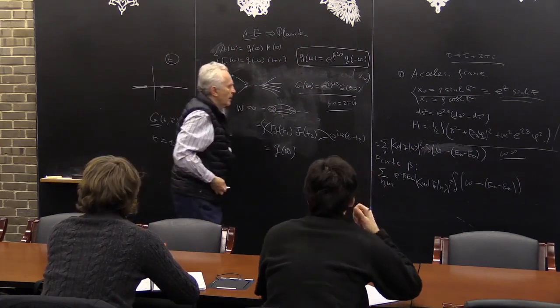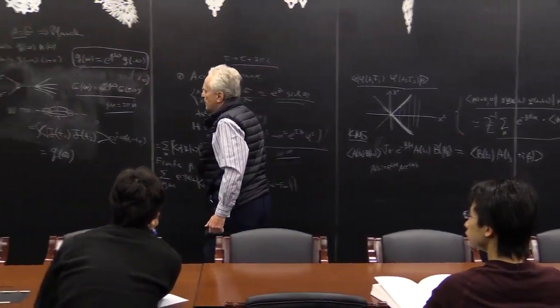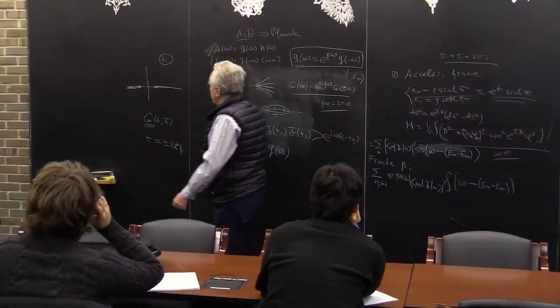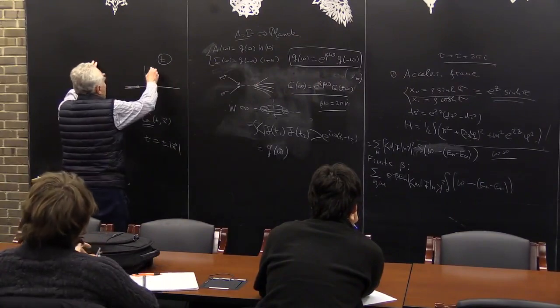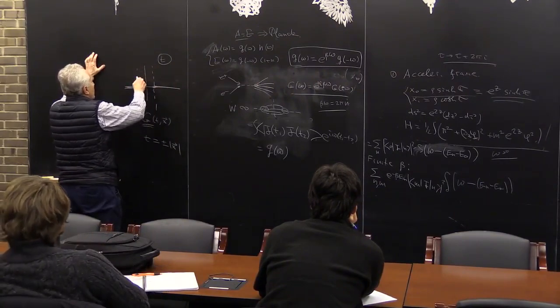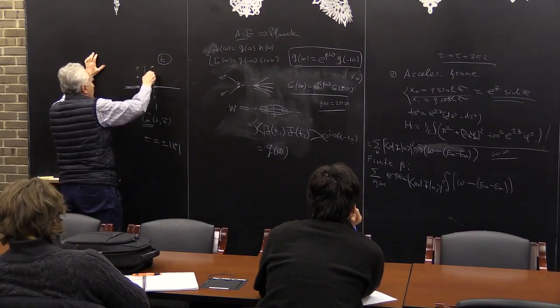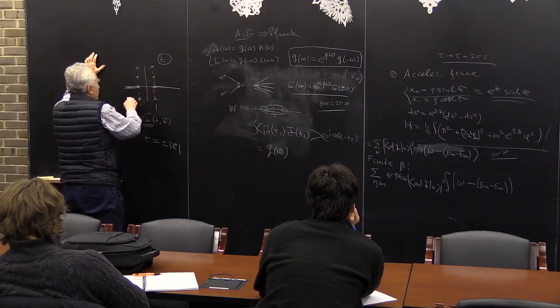The Green function corresponding to finite temperature is different from this in the following way. It must be periodic, and so it has pairs of branch points here and here, here and here, and branch cuts.